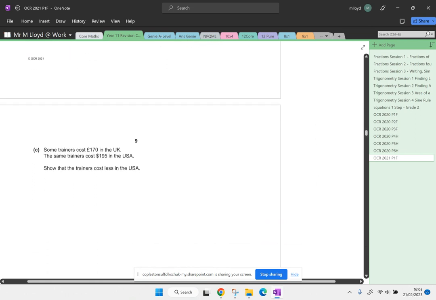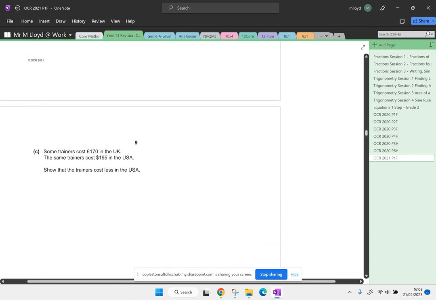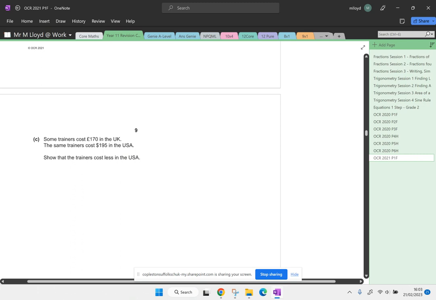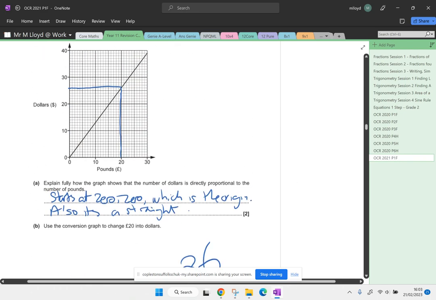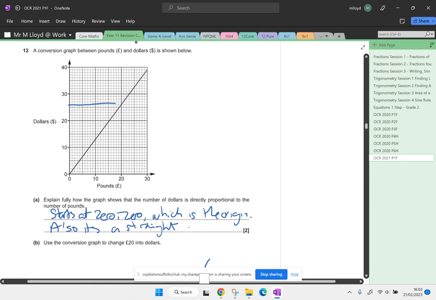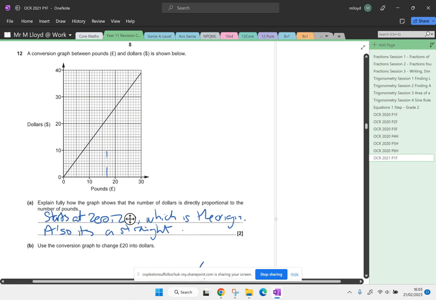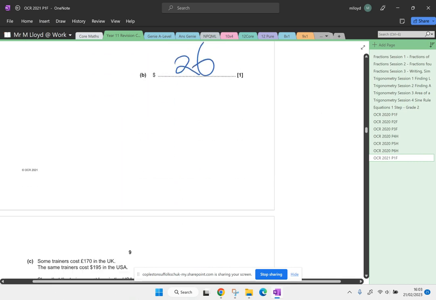Part C, some trainers cost £170 in the UK. The same trainers cost $195 in the USA. Show that the trainers cost less. So we're going to convert £17 if I can see this on the graph. Yeah, I can. So my 17, 5 and 6 there. Just going to draw that line up to there, and that's actually quite nice. It's ended up being 2 above the 20, which is 22.